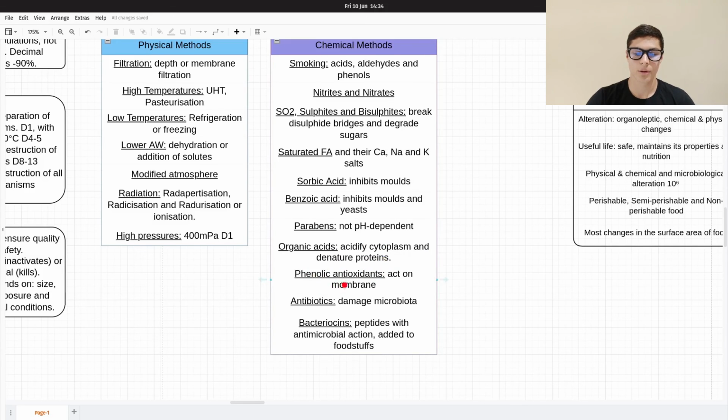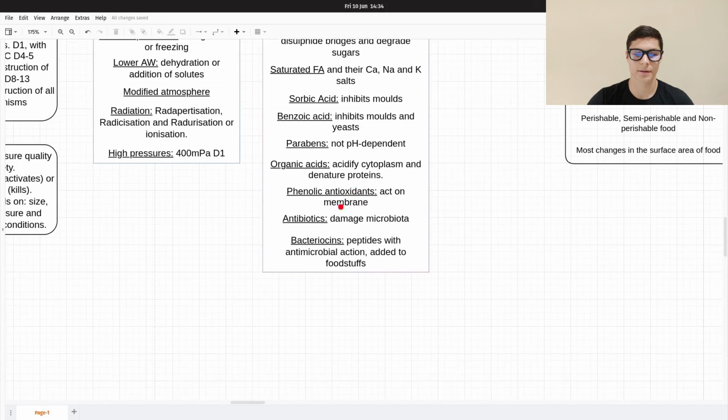And then the phenolic antioxidants that act on the membrane, and the antibiotics, we all know that one. They have a side effect, which is the damage to the microbiota, the healthy microbiota, that one we actually need in our gut. And then the bacteriocins, which are dipeptides with antimicrobial function, and they are added to the foodstuffs.